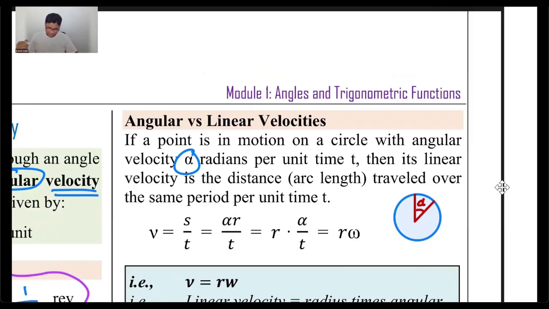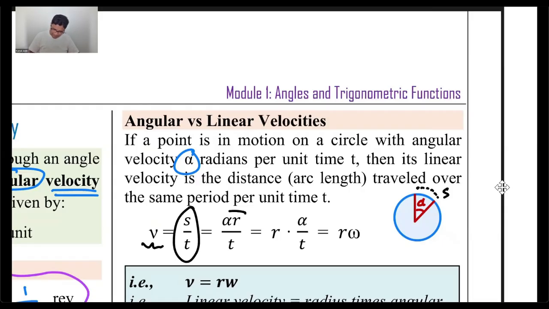Then what is the linear? Linear is how much actual distance it covered, right? If you pay attention here, this is the actual distance covered, which is the arc length S. So your linear velocity will be given by the distance covered divided by time.